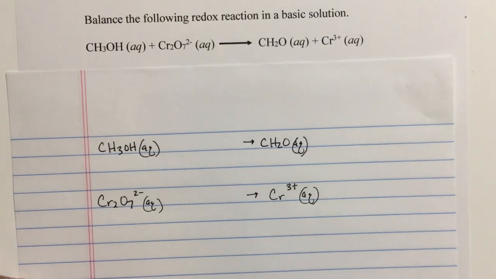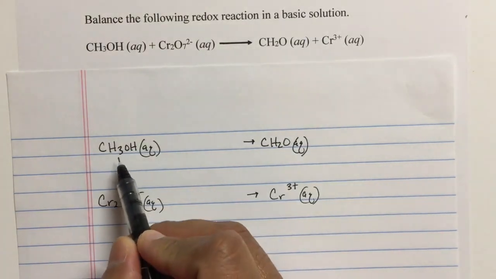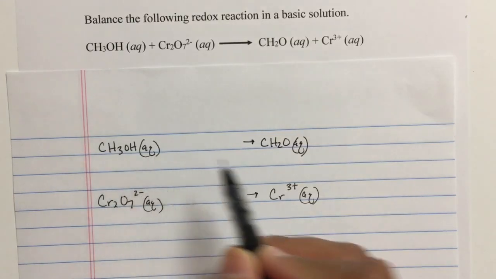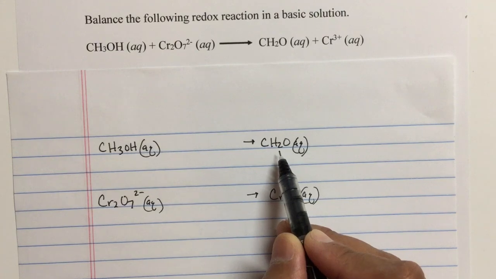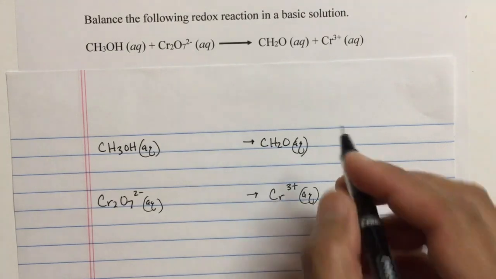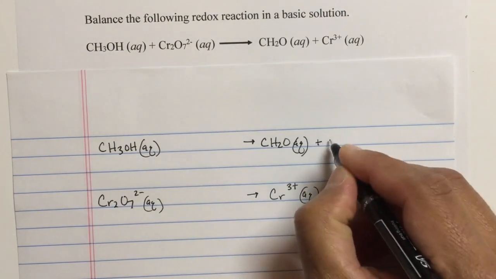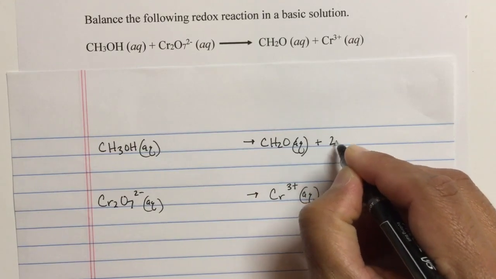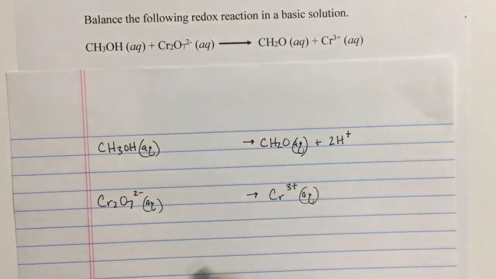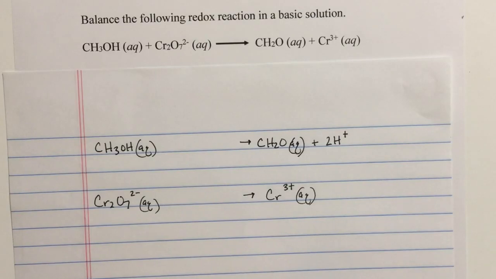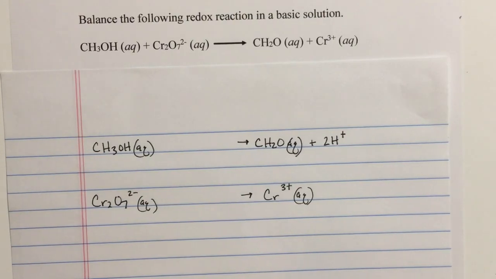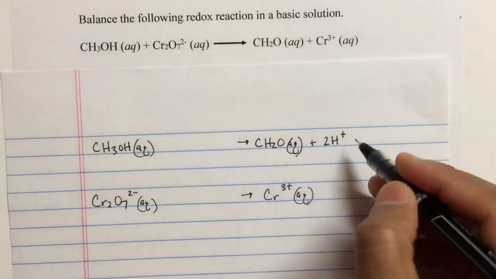Now let's balance the hydrogen using H+. Let's count 4 hydrogen here and 2 hydrogen here. So we'll balance with 2 H+ to make that a 4. Okay, so the carbons are balanced, oxygens are balanced, hydrogens are balanced.